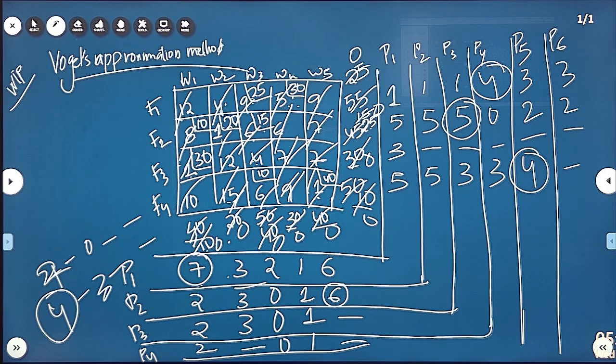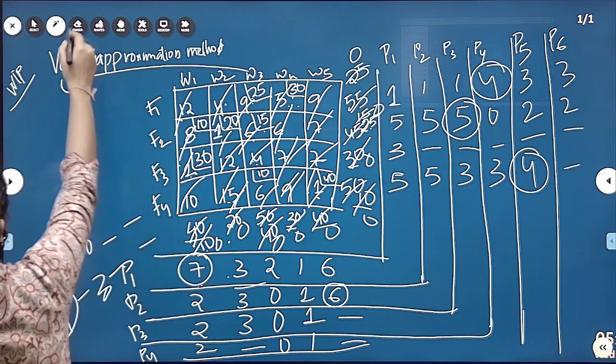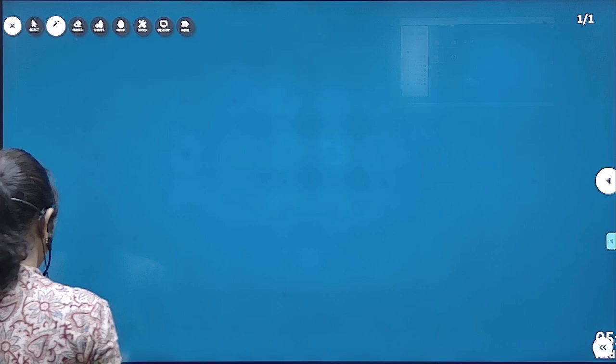Ma'am, 695. 695. Okay. So everyone did total cost and feasible solution. So let us do second question. Can I erase? Yes, ma'am. Okay. So next we'll do next question.